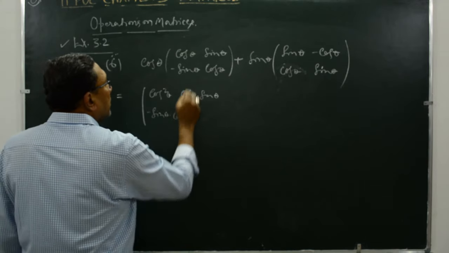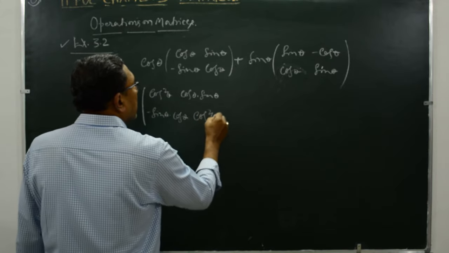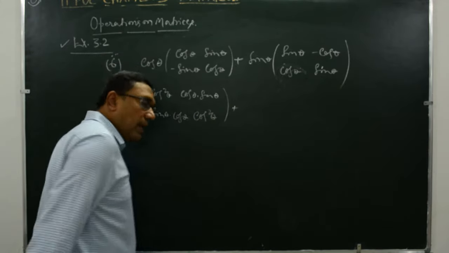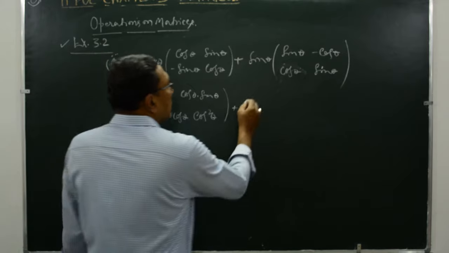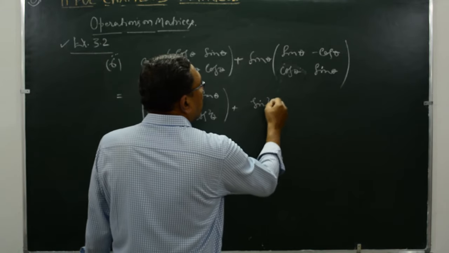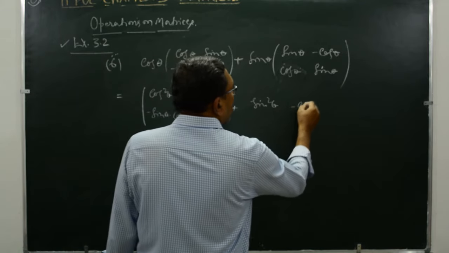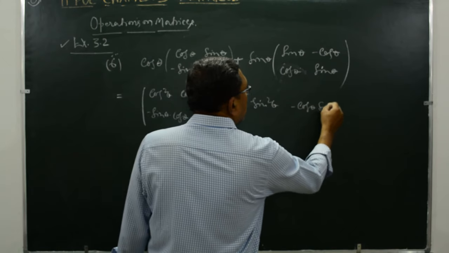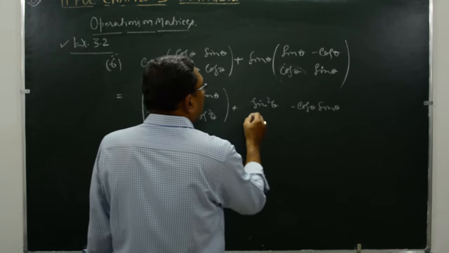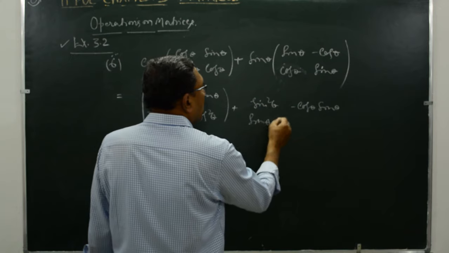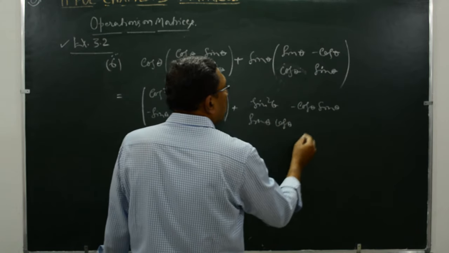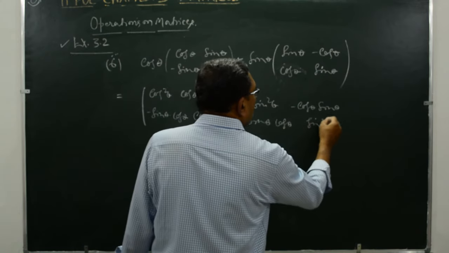Here it is cos square theta, should be added with sin square theta. I am taking sin theta inside, minus cos theta sin theta, and sin theta cos theta, and sin square theta.